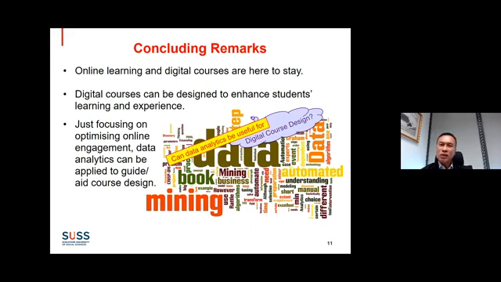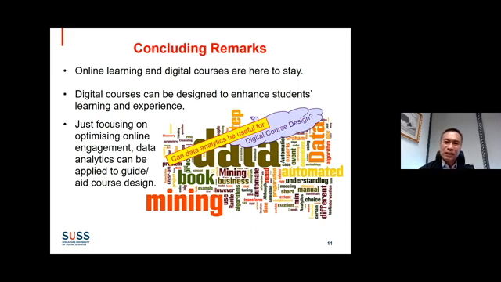Now, why is this important? This is important because if we can identify the significant antecedents, we would know how to influence online engagement or learner engagement in such a way to maximize useful outcomes for the students.